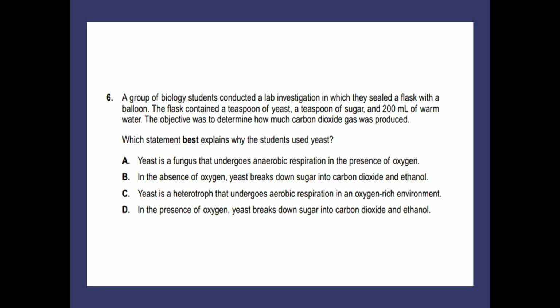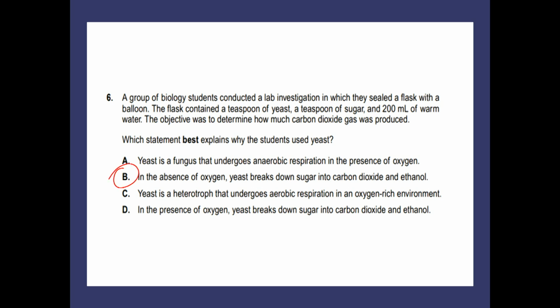All right, this says, a group of biology students conducted a lab in which they sealed a flask with a balloon. The balloon contained a teaspoon of yeast, a teaspoon of sugar, and 200 milliliters of warm water. The objective was to determine how much carbon dioxide was produced. Which statement best explains why the students used yeast? Well, for this, letter B is going to be our best answer choice.